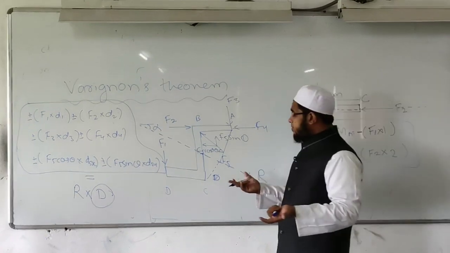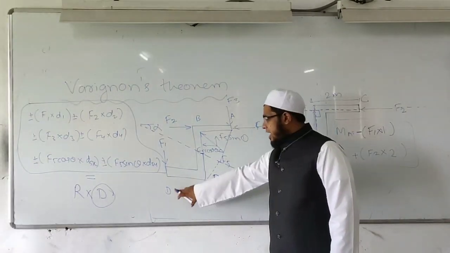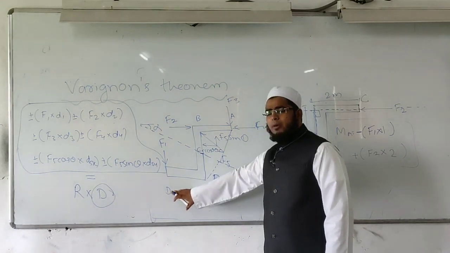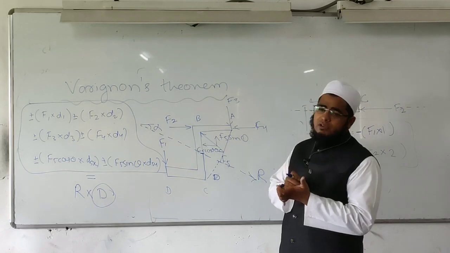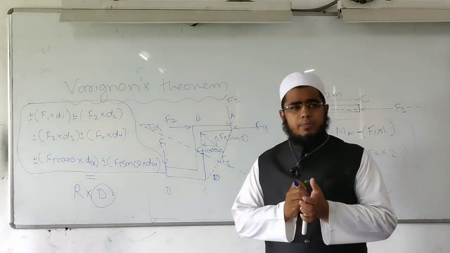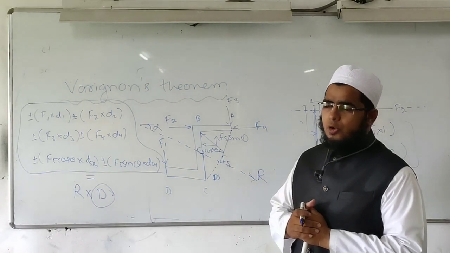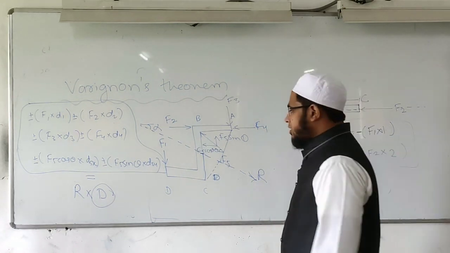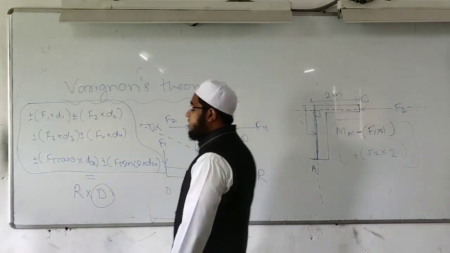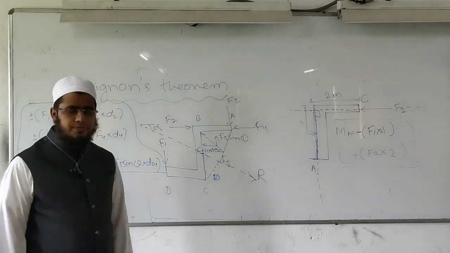If I require the perpendicular distance from point D, then I have to take the moment about point D. From the moment center, Varignon's theorem will give you the perpendicular distance of the resultant. So, where do we have to use Varignon's theorem? Whenever the position of the resultant is required, we have to use Varignon's theorem.